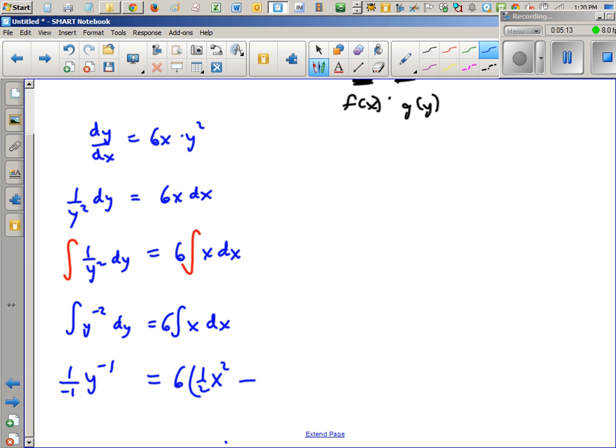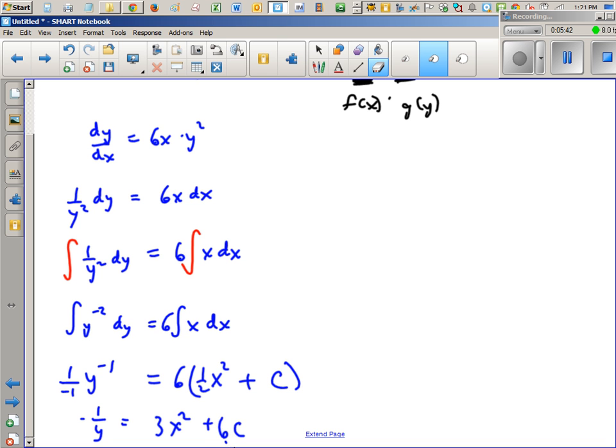So I usually just save that for the right side. I do not put a plus c on both sides. All right, so where are we at? We basically have this. Negative 1 over y equals 6 times 1/2 x squared. Let me go and distribute, actually. Let's write it as 3x squared plus 6c.